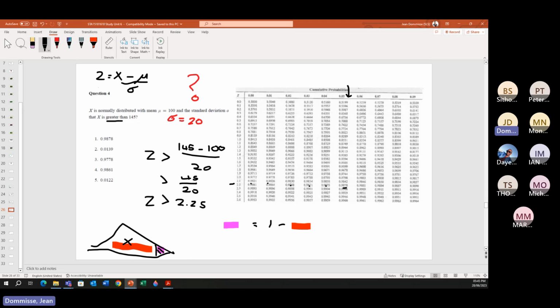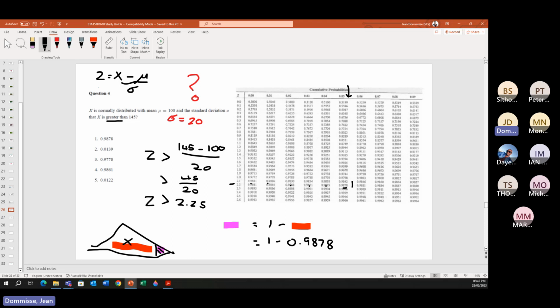That is the number that we're looking for. So we will need to say 1 minus 0.9878 to get our purple part.